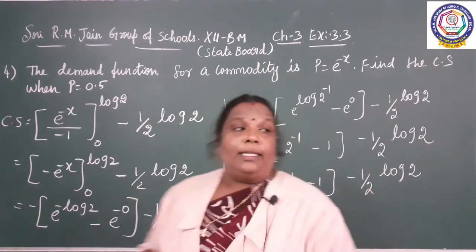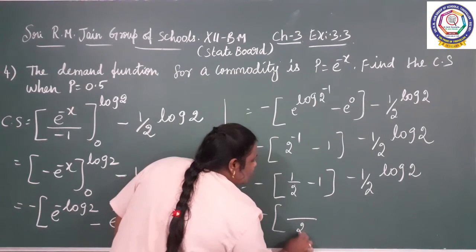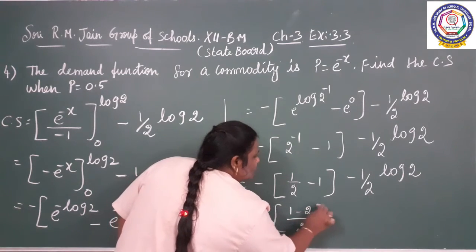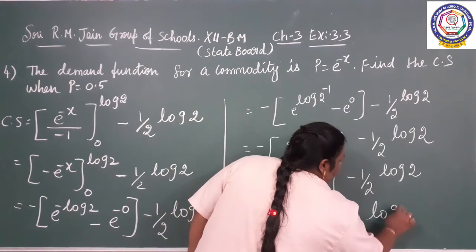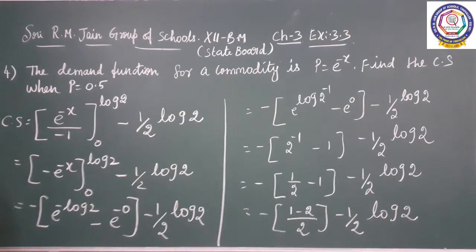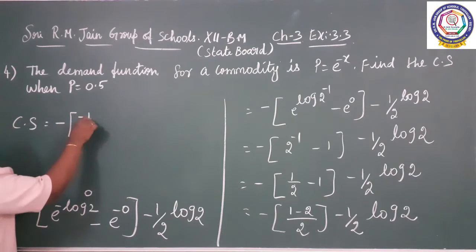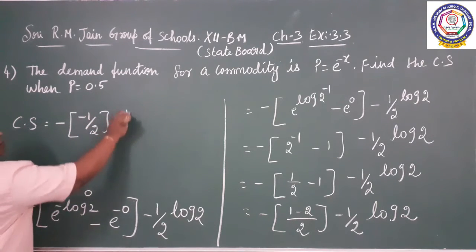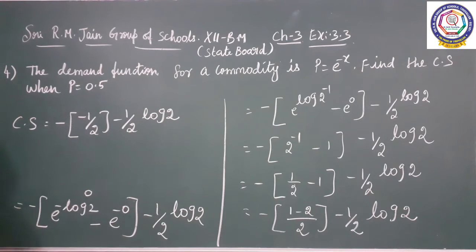You can take 2 as the LCM: 1 minus 2 over 2, minus 1 by 2 log 2. So consumer surplus equal to minus of minus 1 by 2 minus 1 by 2 into log 2.